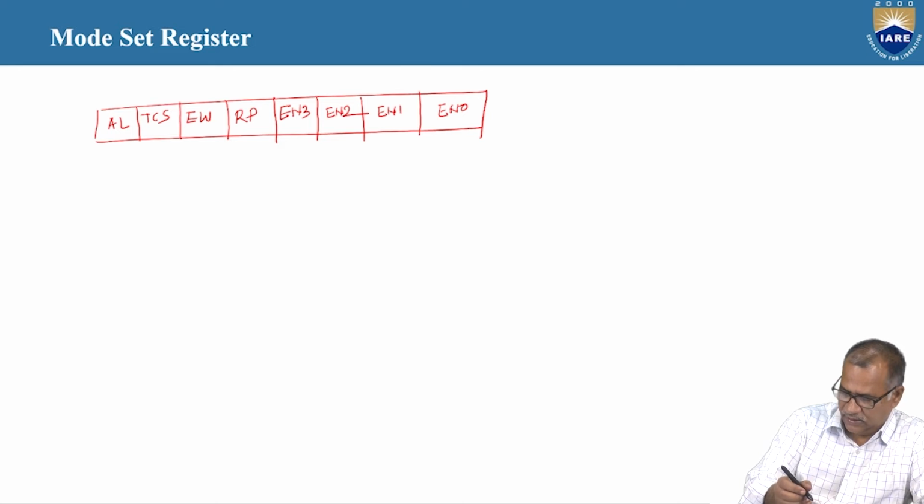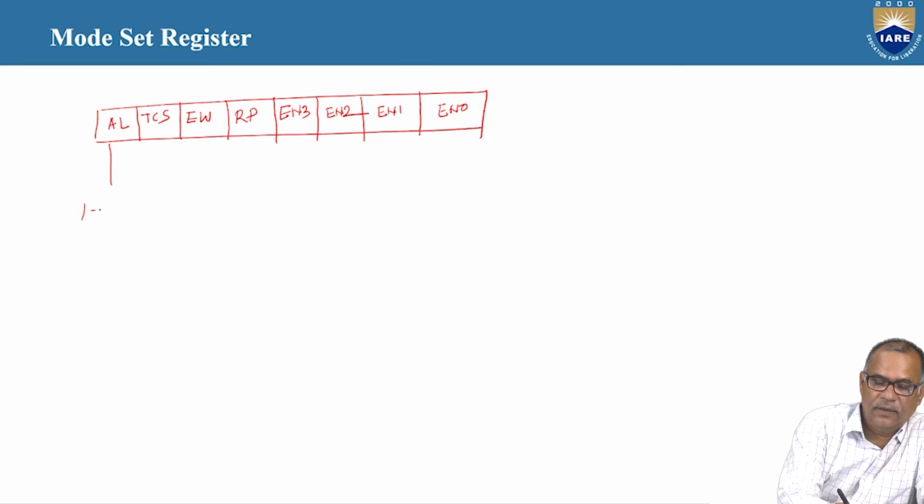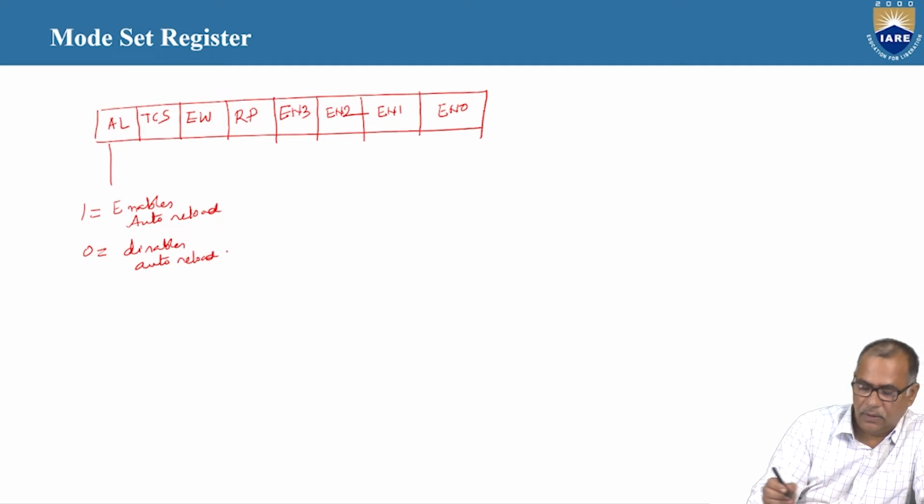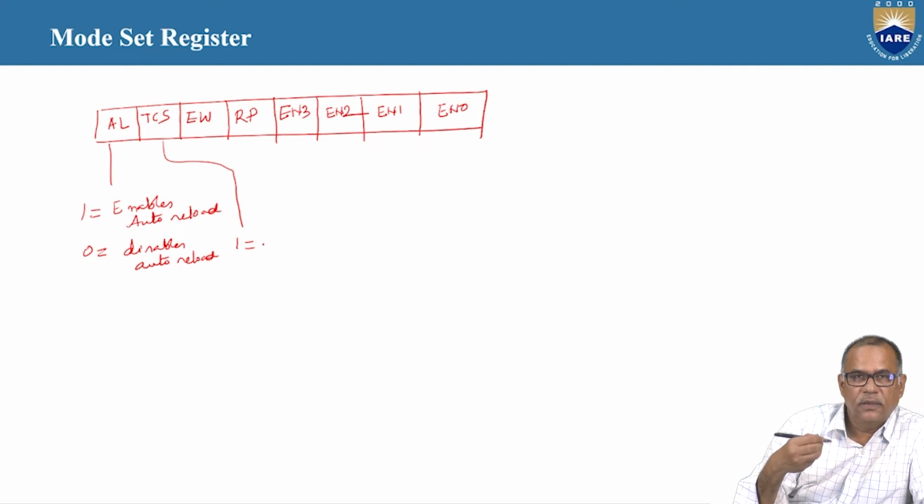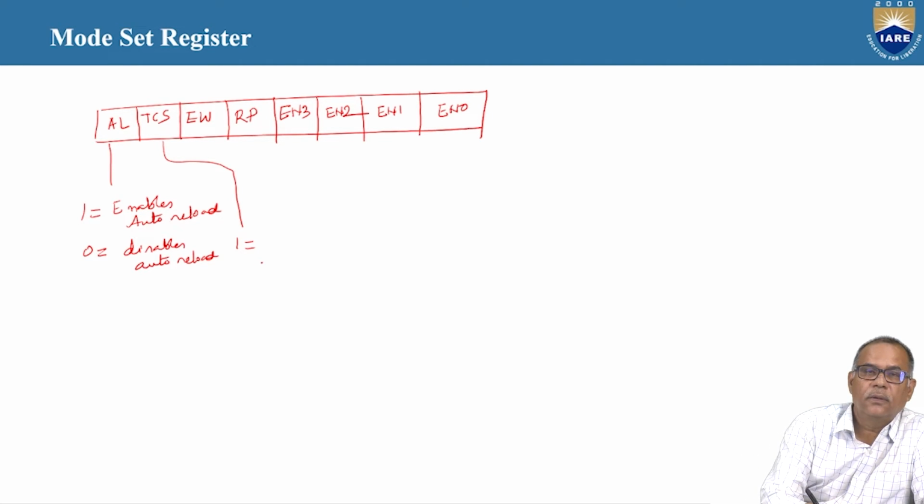So AL, if it is 1, enables auto reload. If it is 0, it disables auto reload. And TCS, if it is 1, it is stopping on reaching the terminal count.